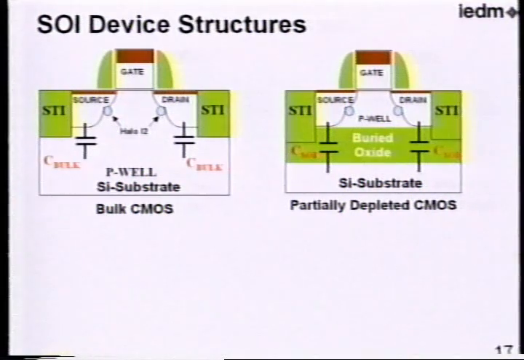In this device, if this is kept relatively thick, and this is called the body of the transistor, then this will become what we call a partially depleted CMOS. So you can visualize this box of oxide around here that's isolating this particular device from all the other devices on the chip, and so the isolation now is basically this SOI.